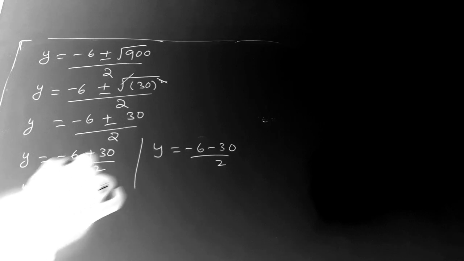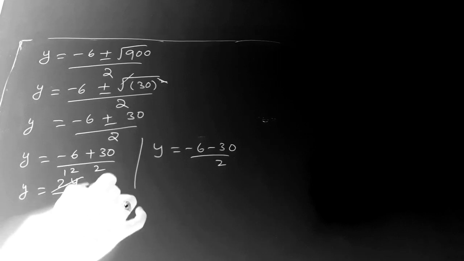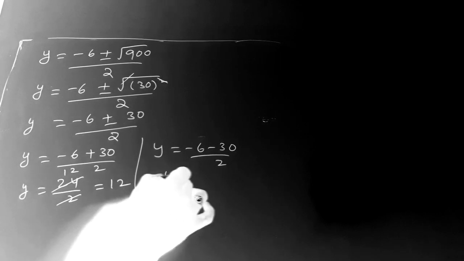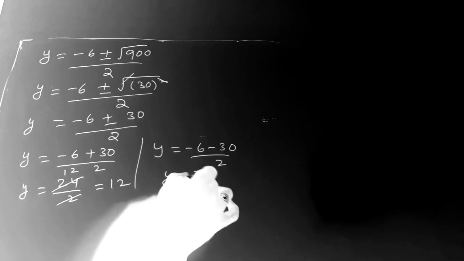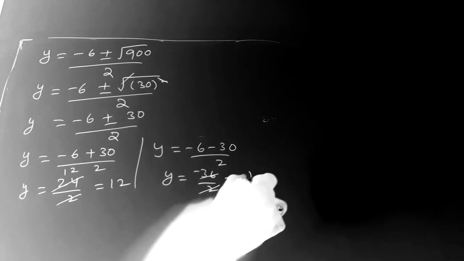So 30 minus 6 is 24 by 2, which is 12. Here it is minus 36 by 2, which is minus 18.